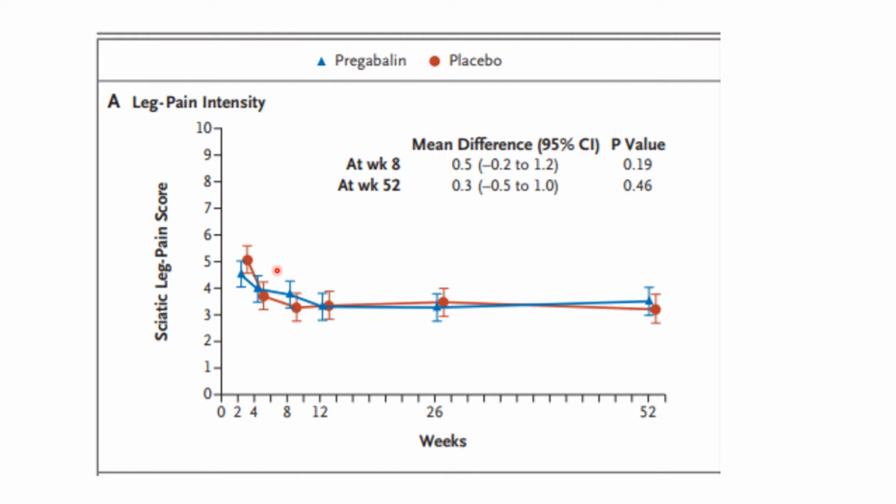Now, there was a question, incidentally, where we asked in this assignment, is there anything else you get out of these graphs? And I guess the only thing I'd say you get out of these graphs that's kind of useful is it sometimes tells you a bit about the natural history of something. So here you can see that the natural history of moderate sciatica in this population of people where the pain had been present an average of 60 days was that people's pain scores would drop from, say, around 5.5 to about 3 whether they were on placebo or not.